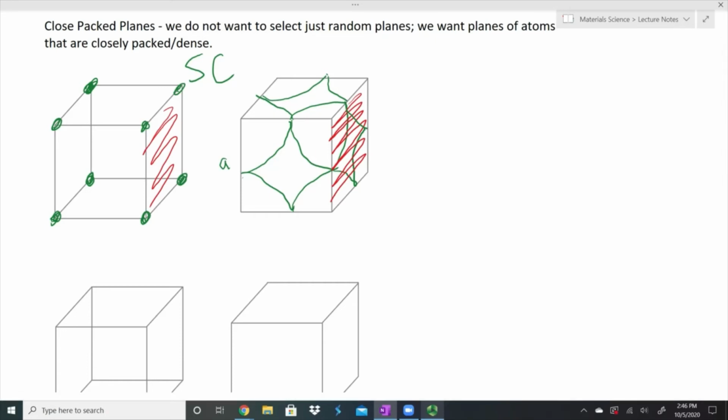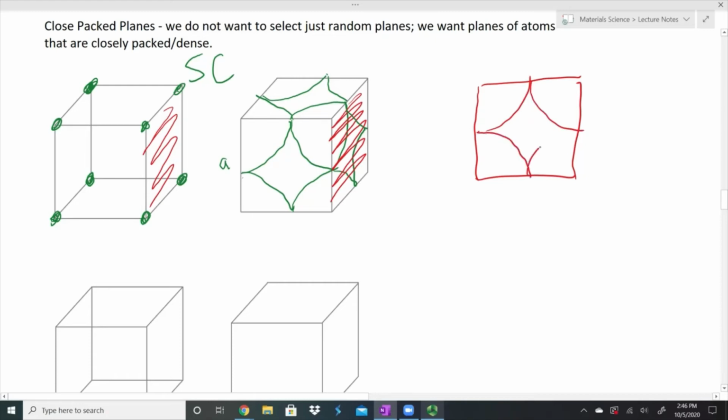So we could draw that off to the side, the cross-sectional plane that is most densely packed. It would look something like this, where these are my atoms, and then I have my empty space in the middle. And if I wanted to, I could relatively easily figure out in this most densely packed plane how much atom I have compared to the entire area. So that's simple cubic.